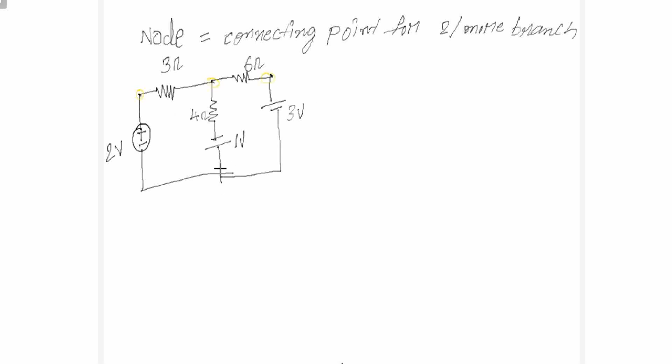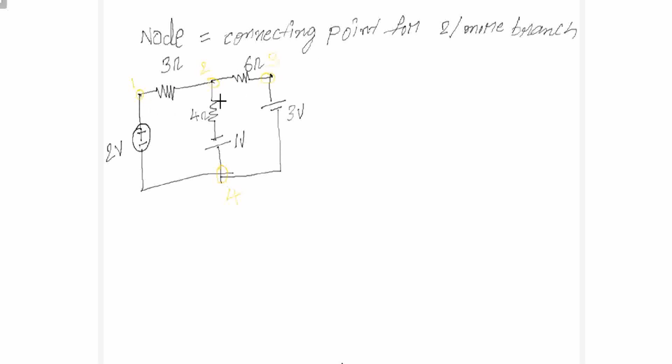This is similar to this node only, so no need of considering this point. So here you are having how many nodes? 1, 2, 3 and 4 nodes. Before applying nodal analysis, we have to find the number of nodes. A node is nothing but a connection point between two branches or two elements.